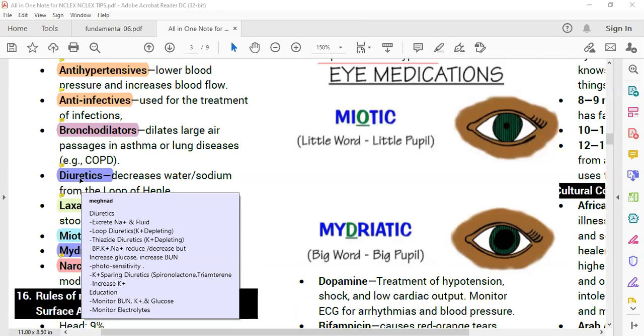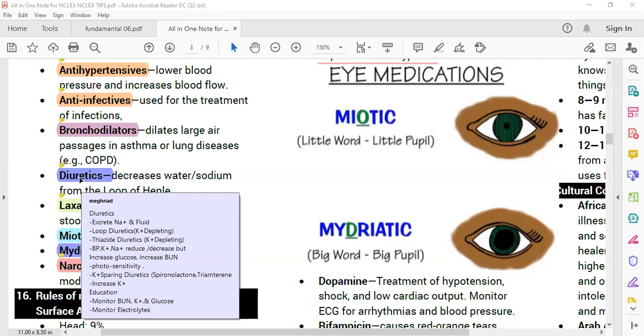And diuretics excrete the sodium and fluid. We use loop diuretics and thiazide diuretics, right? And here, for loop diuretics, the most common medications we use are furosemide or bumetanide. Another name for furosemide is Lasix.